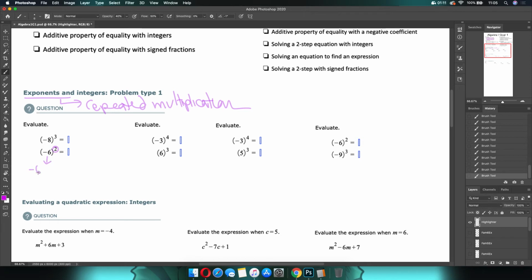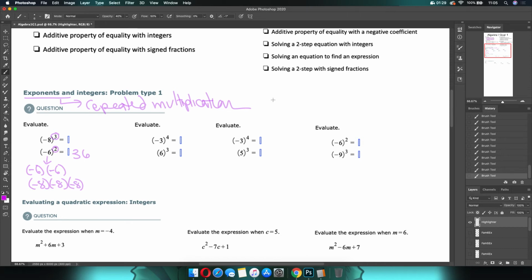So this is negative 6 times negative 6. Negative times a negative is a positive. 6 times 6 is 36. This one over here, that means we're going to repeat it 3 times. So negative 8 times negative 8 times negative 8. A negative times a negative.